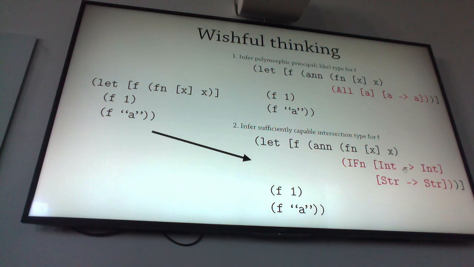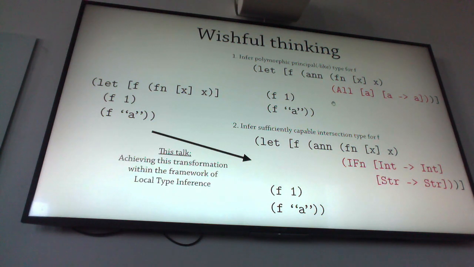And we can also remember what it actually does. For example, this program knows that it returns a string by the fact that it's annotated here. Just to be clear, this stuff on the left is the input program, partially annotated, and these are the kinds of System F outputs that we'd like local type inference to do. In this particular talk, we're going to try and achieve this bottom one within the framework of local type inference with bidirectional checking.